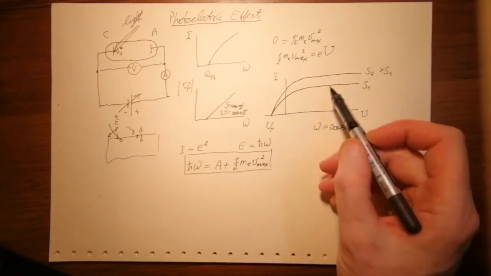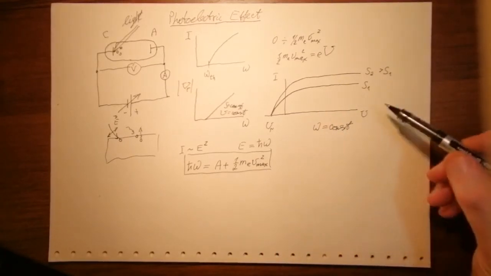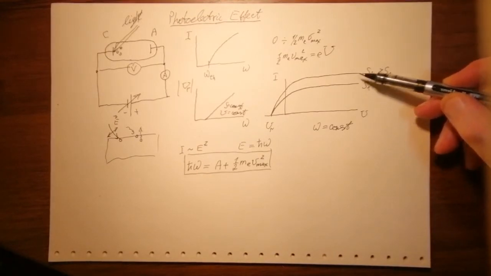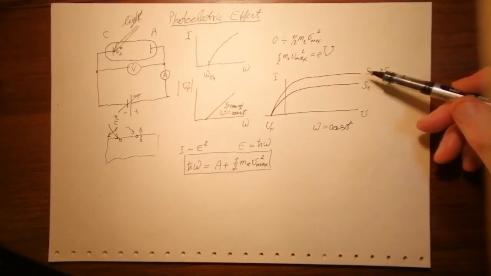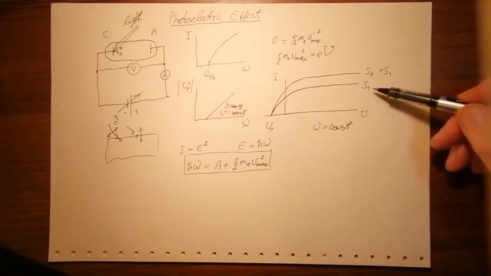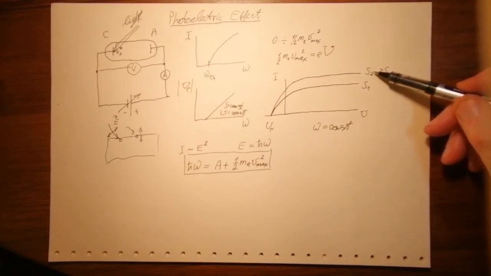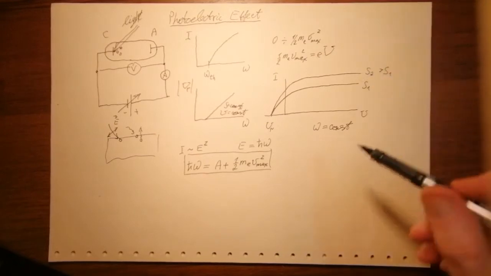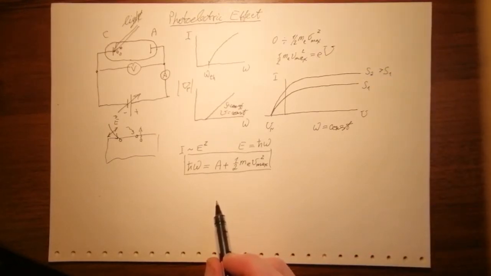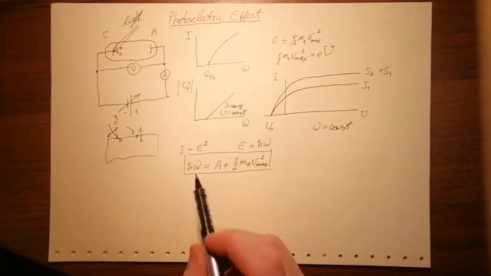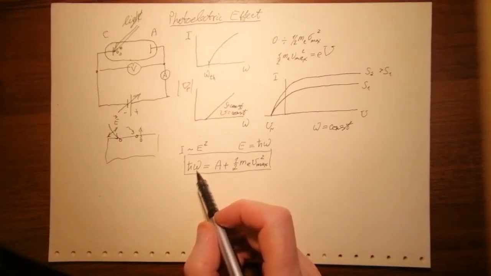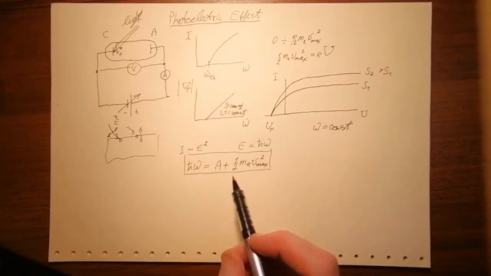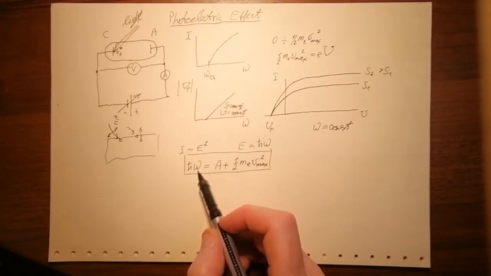The third of the laws means that the saturation of current is reached for different intensity at different levels. The greater the intensity, the greater the saturation current. It is explained just by assuming that it is simply the consequence of the number of photons.